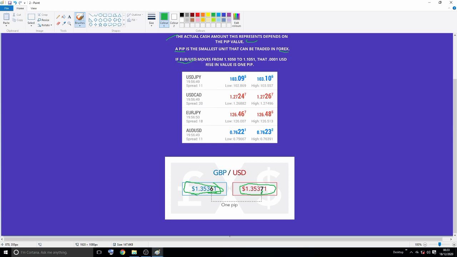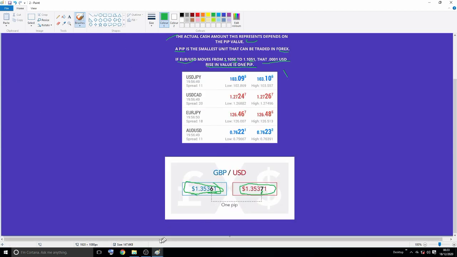If EUR/USD moves from 1.1050 to 1.1051, that means EUR/USD rose in value by just one pip, because it moved from 50 to 51, right?